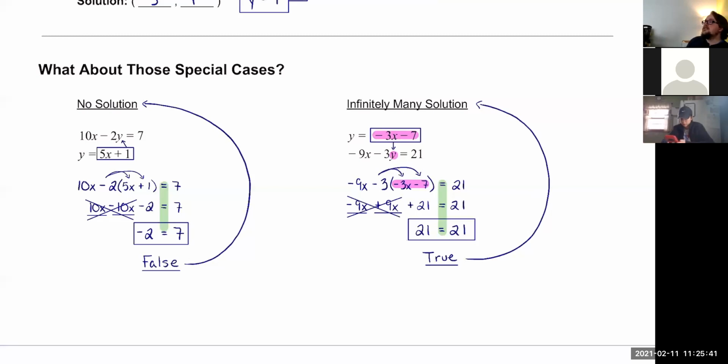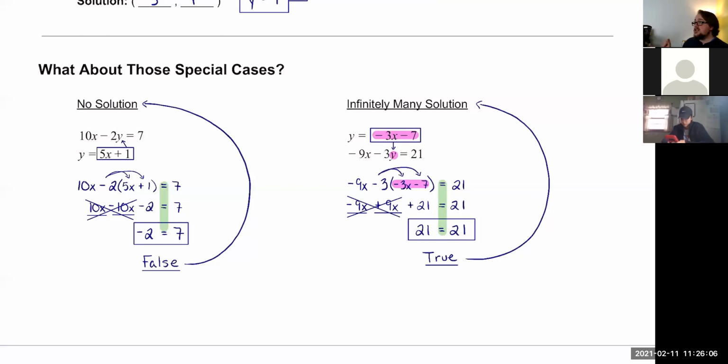So yes, when the variable disappears altogether through the process of solving it, no fault of your own, it just happens, you know you're in the special case. To determine which of the two special cases you're in, you look at what's left over. If it is a false statement, it's no solution. If what's left produces a true statement, then it's infinitely many.